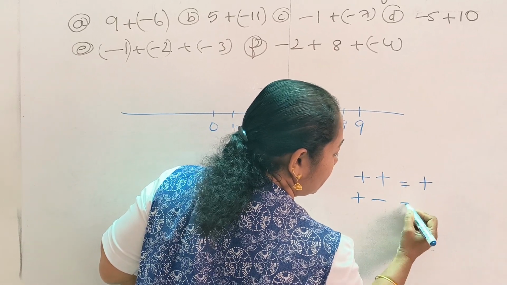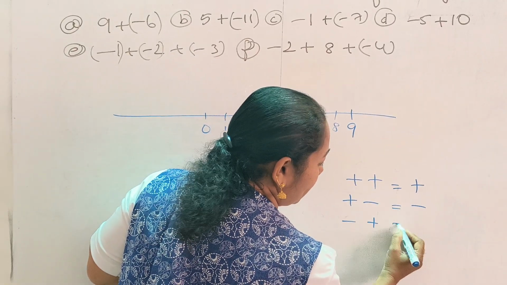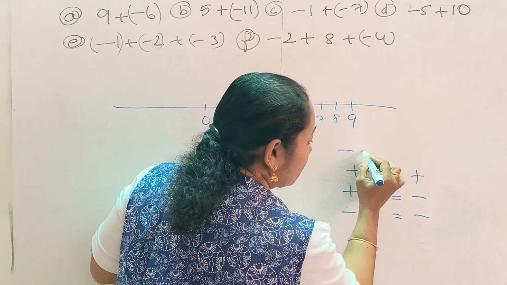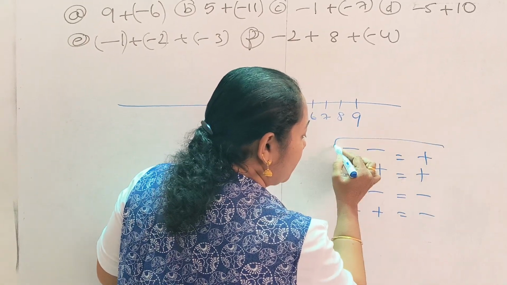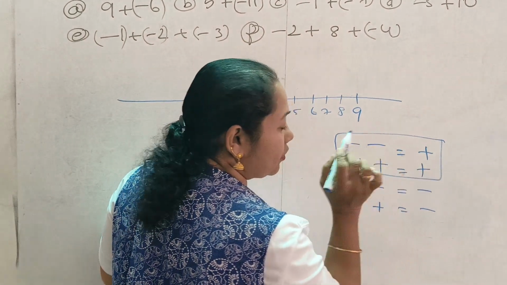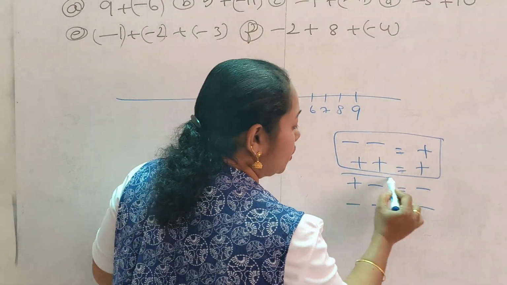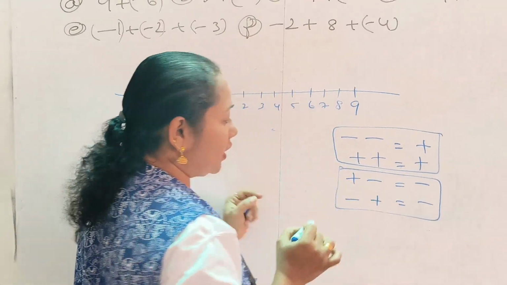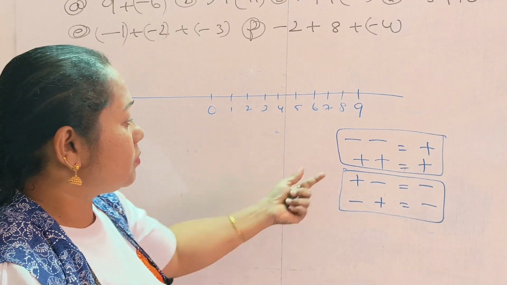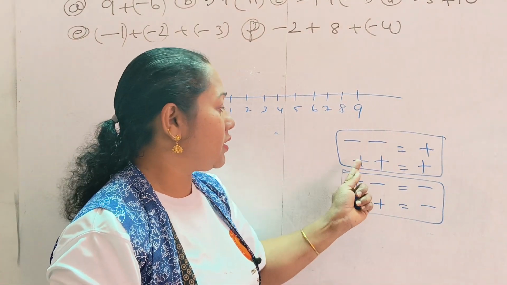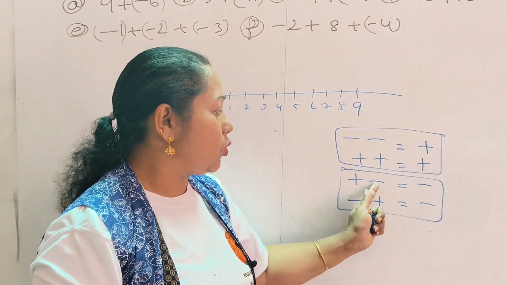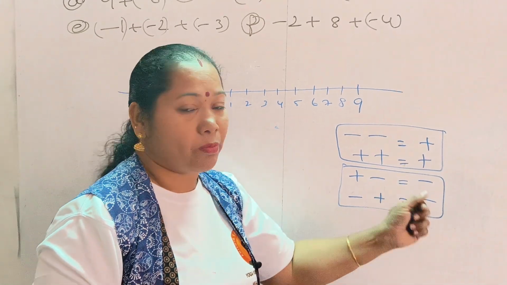Plus minus means minus. Minus plus means minus. Minus minus means plus. If both the signs are the same, we put the sign as plus. If both the signs are different, then we put minus. Means minus into minus is plus, plus into plus is plus, plus into minus is minus, minus into plus is minus.